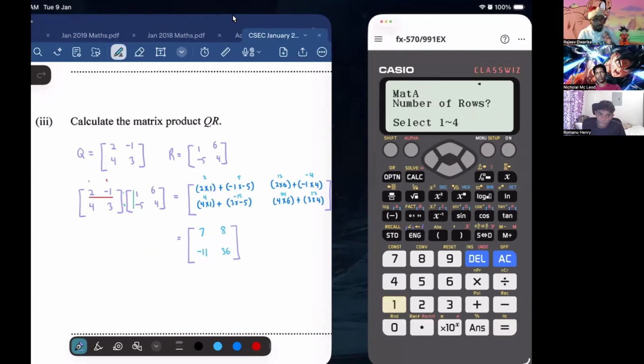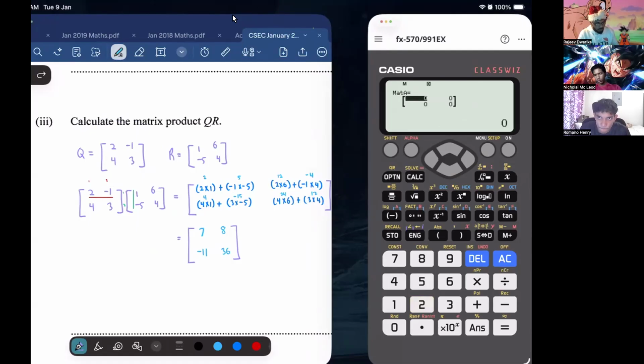Press 1. For our matrix Q, how many rows does it have? 2. Right? So you define the number of rows as 2. Then it's going to ask you the number of columns. 2. Right? Now you can put in the matrix.